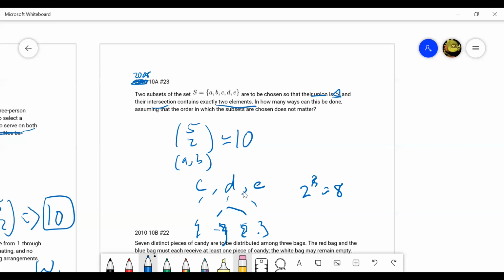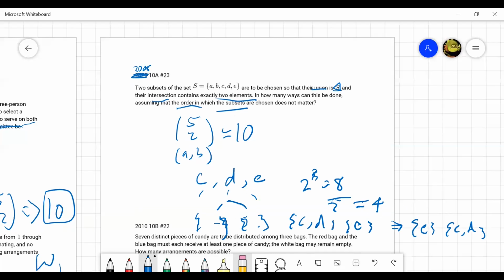But since the order of the subsets does not matter, you have to divide by 2 to get 4. Because each pair, for example CD and E, would have a corresponding pair with E and CD, right? They're just in different order.